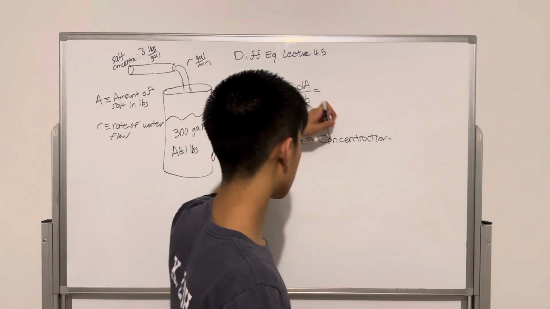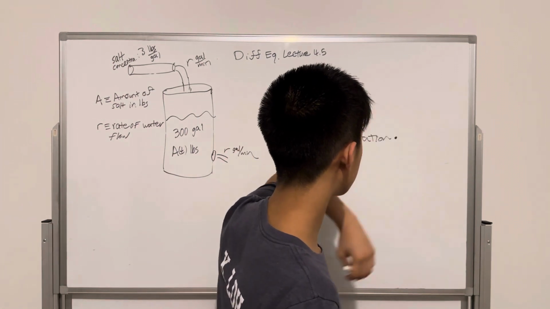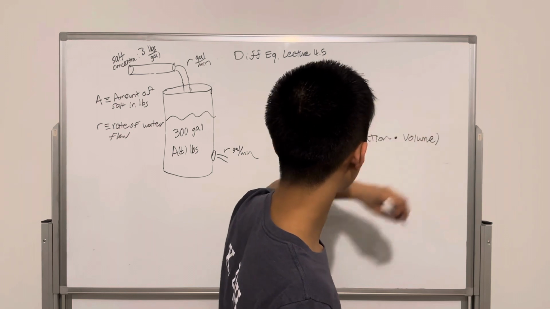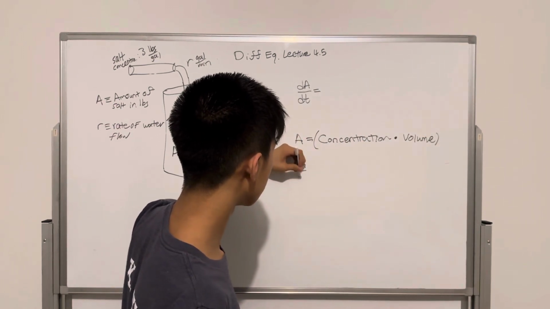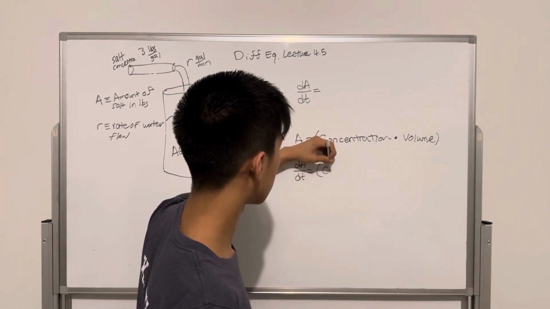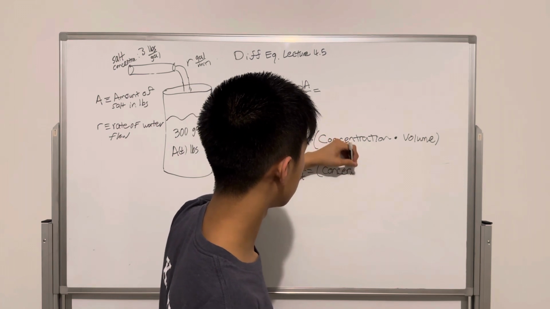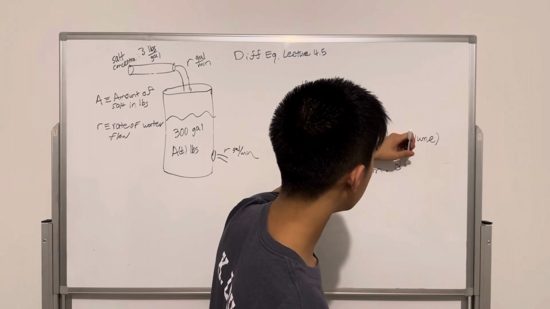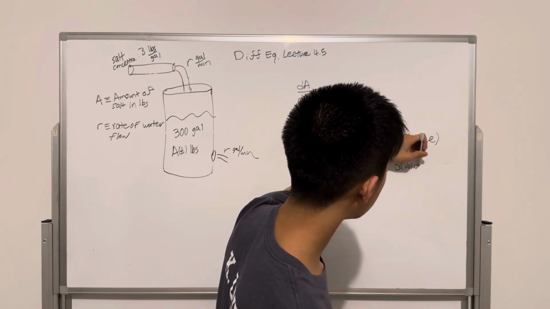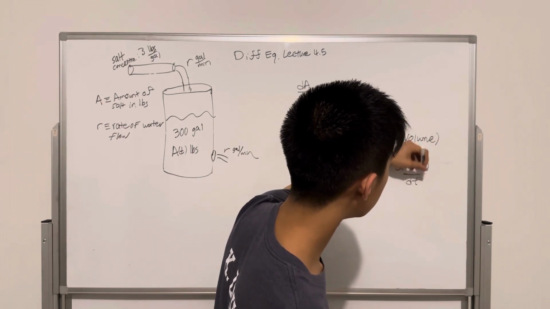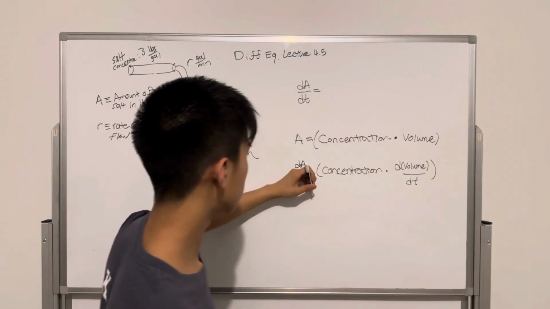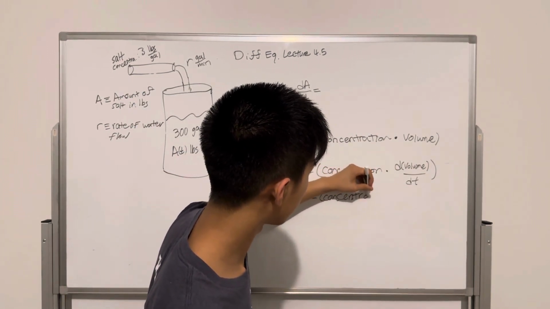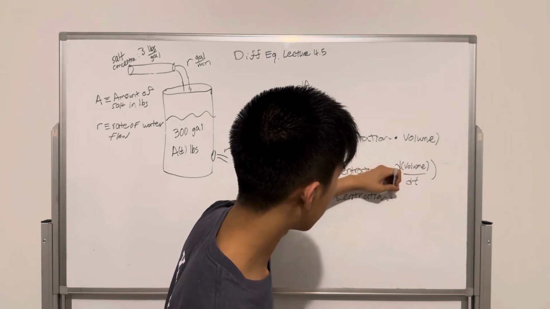So A is equal to concentration times volume. Therefore dA/dt equals concentration times d volume/dt, so that would equal concentration times r.